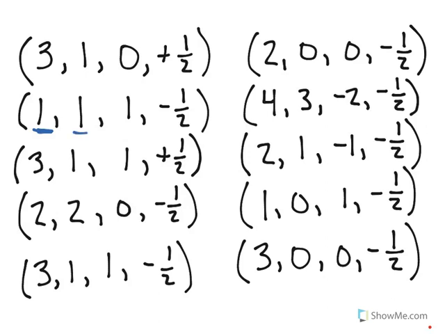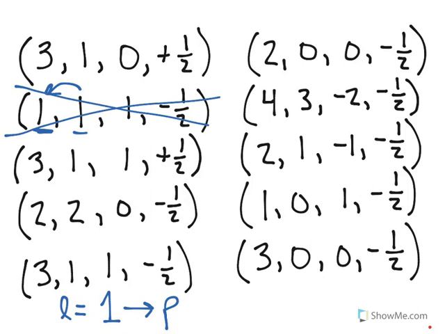Well, 1 as an angular momentum quantum number, as an L value, corresponds to a p subshell. Well, we're in the first energy level. There are no p sublevels in that first energy level. So for that reason, this is an invalid quantum number set.